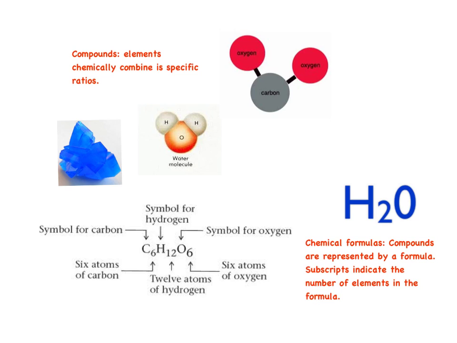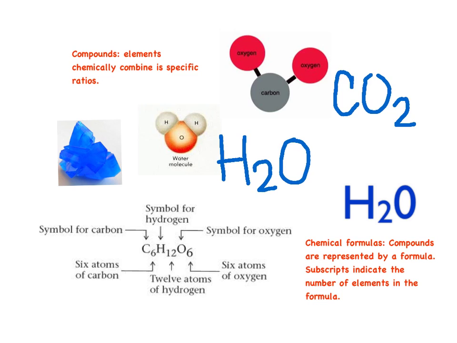Again, carbon and 2 oxygens, capital C, capital O, subscript 2, and water is going to be H2O. Compounds can come in all different shapes, sizes, and phases, and we're going to look at phases on the next slide. But an example of a compound is something represented here.